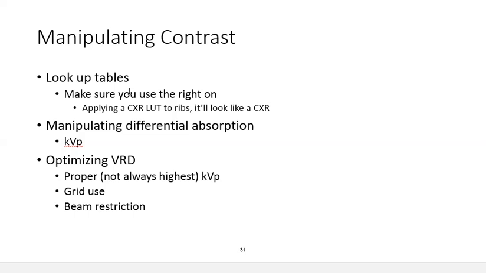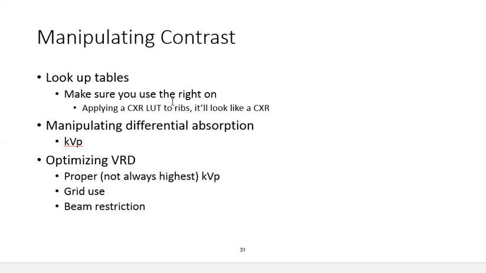And most of the time, that's going to be scatter radiation. So as KVP goes up, scatter is created and penetrated through the patient at a higher rate. More of the remnant beam is dominated by scatter radiation as opposed to penetration without any scatter in it. And as a result, we can cover up the visibility of recorded detail.